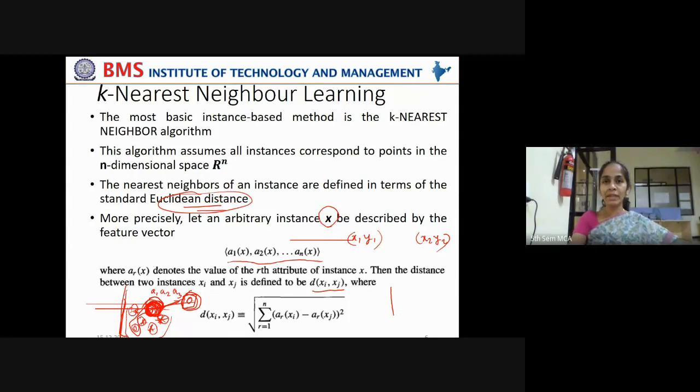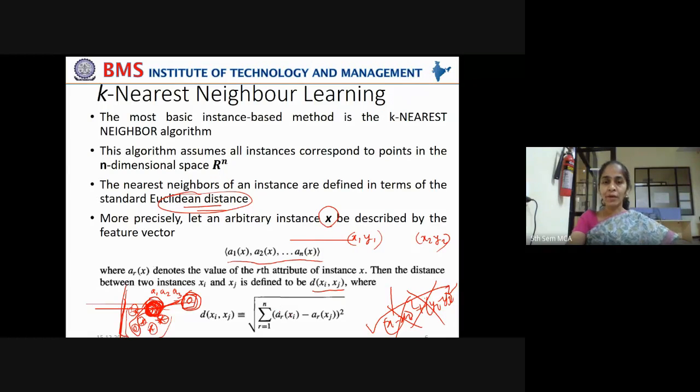How do you mathematically represent this? D of xi comma xj is equivalent to, you already know the formula, right? Square root of (x1 minus x2) whole square plus (y1 minus y2) whole square. This is the formula for Euclidean distance, simple maths which you have learned in your PUC. Now, the same thing is mathematically represented here.